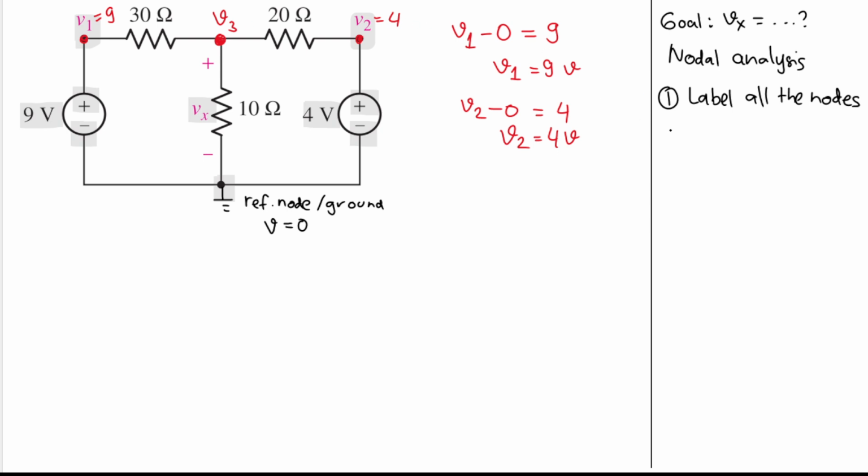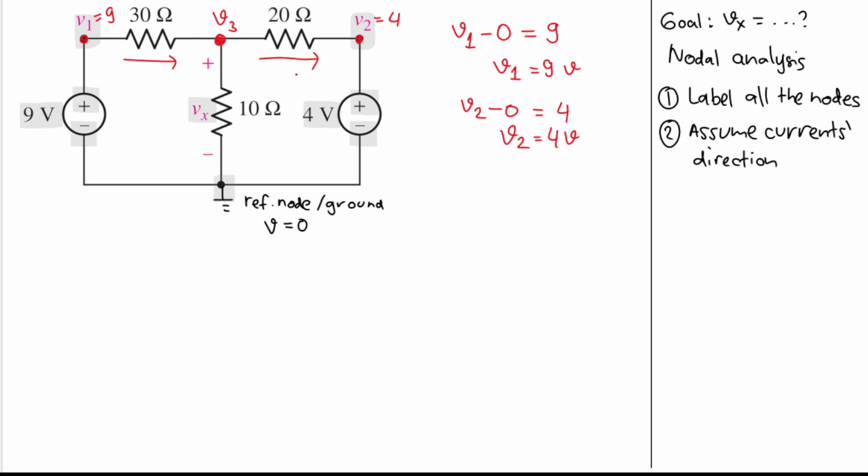Okay, let's move on to the second step, which is to assume the currents' direction. What I usually do is, for the horizontal components, I assume the current goes to the right, like this one, and this other horizontal component too.